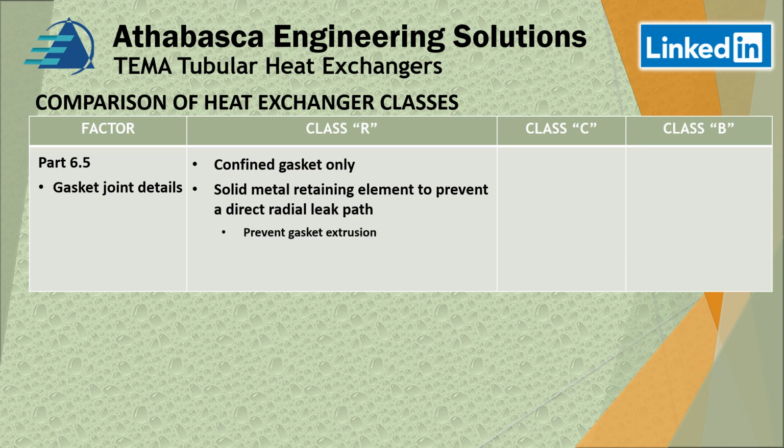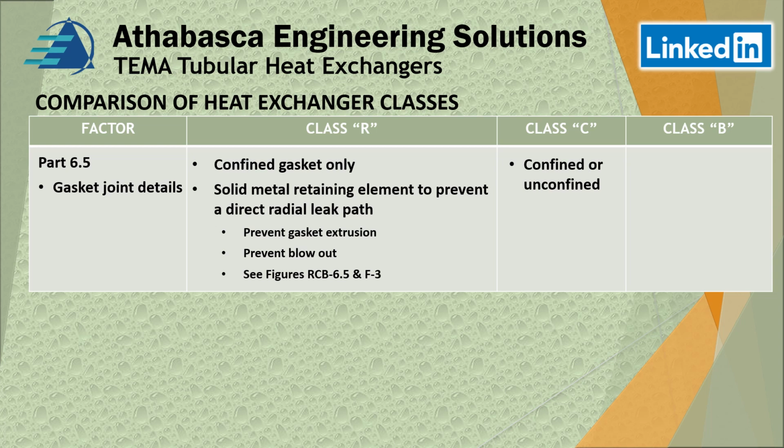The reason they do this is to prevent gasket extrusion and also blowout, which can be catastrophic in a refinery setting. And if you want to see some more information, you can take a look at figures RCB 6.5 and F3 for some details.